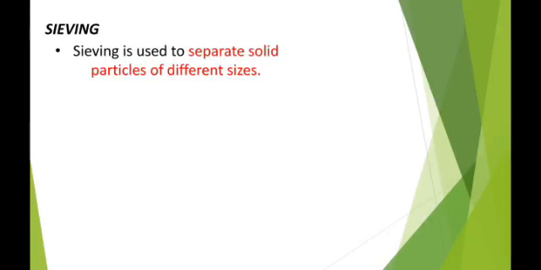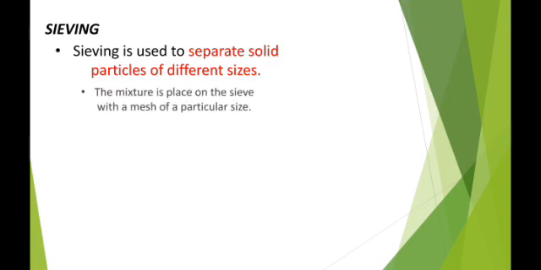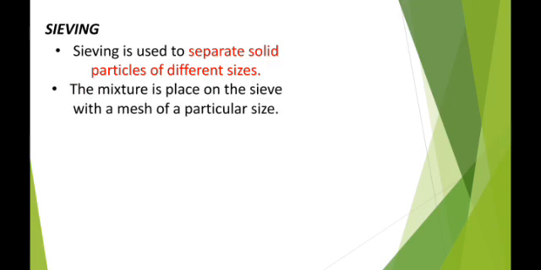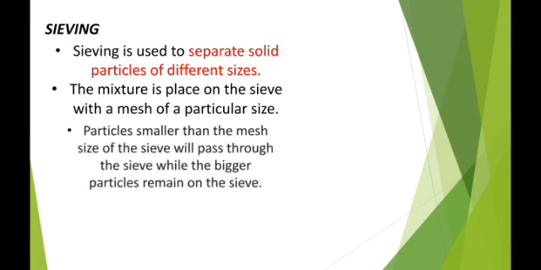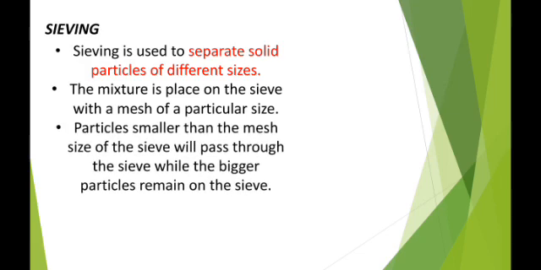Next, I'll be talking about sieving. Sieving is used to separate solid particles of different sizes. The mixture is placed on the sieve with a mesh of a particular size. Particles smaller than the mesh size of the sieve will pass through the sieve, while the larger particles remain on the sieve.